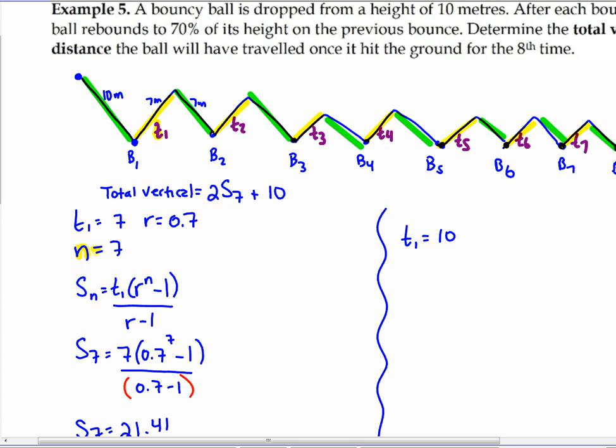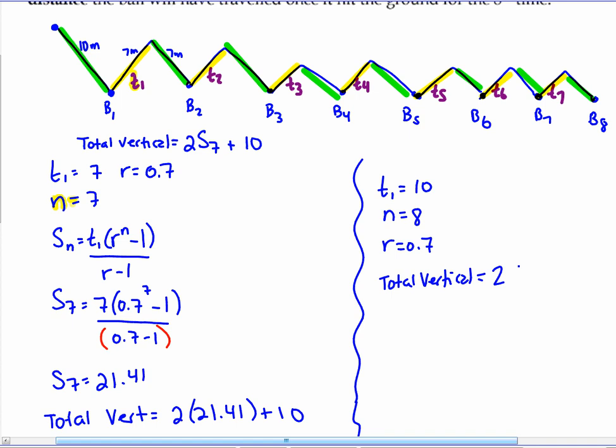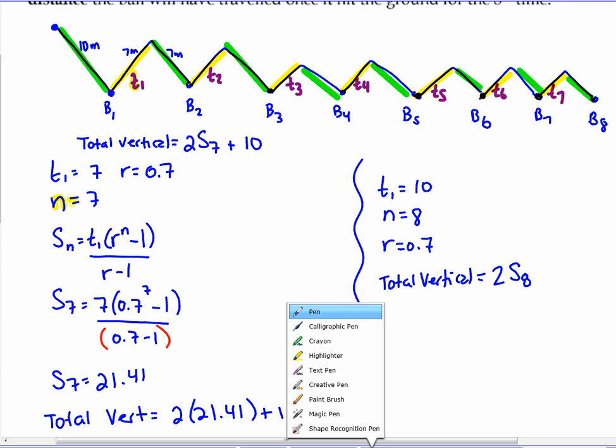So n equals 8, common ratio is still 0.7. The only thing is our total vertical distance, it's a very similar formula. It would be 2 times the sum of the 8 terms, because for each green, there's a yellow, except for in the first case.